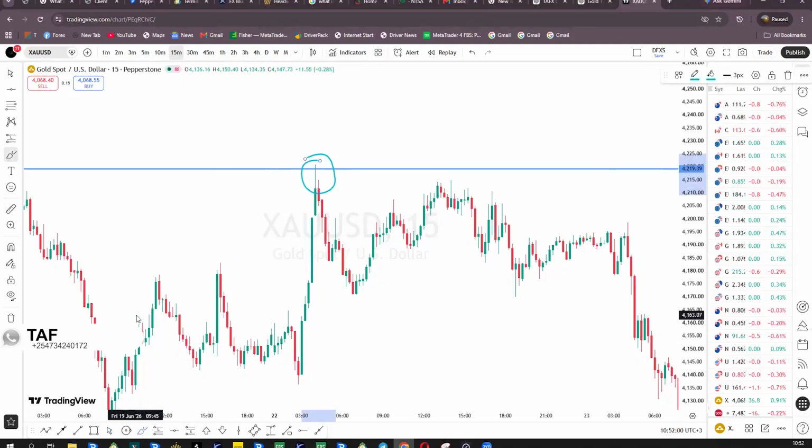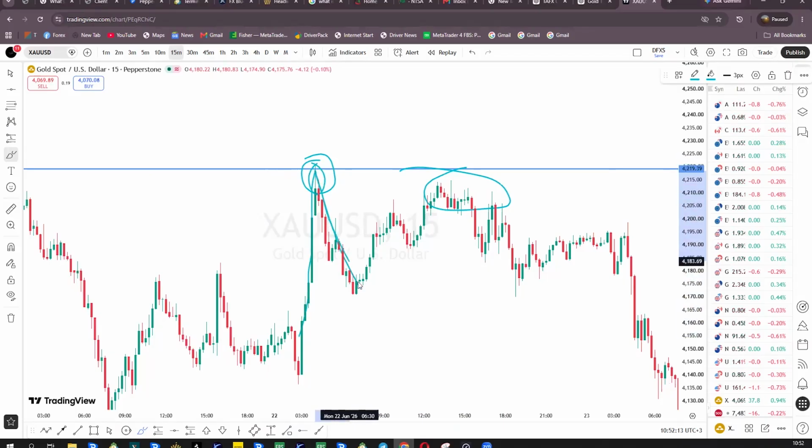It is the rejection. It's very, very important, and this is what we call the liquidity sweeps, which means that now the sellers are taking control. After the market went up, there is a rejection, and now it is time for the sellers to take control and the market starts dropping.